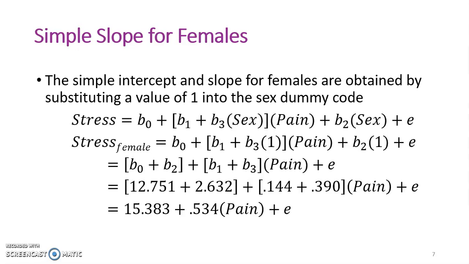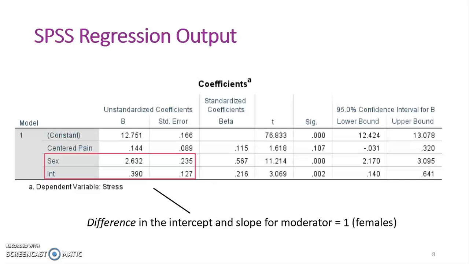So because we are summing these four coefficients, the B0 and the B2, and then the B1 and the B3, we can actually get these values from the output as well to get the simple slope for females. So let's take a look at that. For the intercept and slope for males, because they were coded 0, that was simply the intercept, the regular intercept, and then the centered pain severity slope, which I had already highlighted on the previous slide.